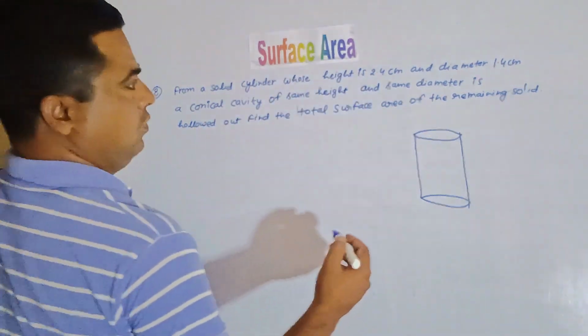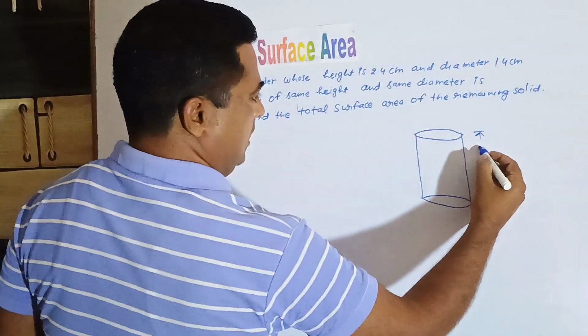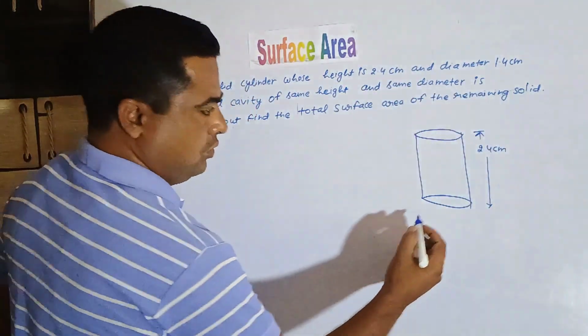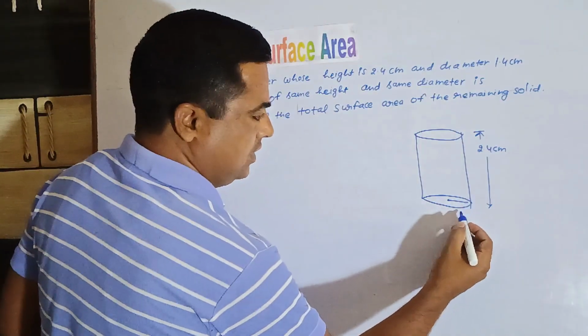Height is 2.4 centimeter and diameter is given here as 1.4, so the radius will be 0.7. Correct?